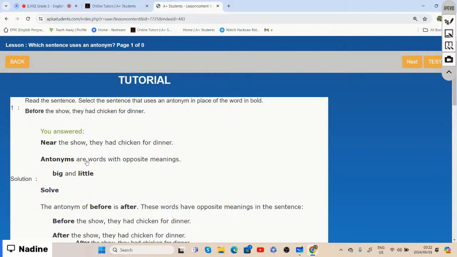It says before. So look at the word in bold. That word in bold, we need to find the opposite of that word. So before the show, they had chicken for dinner.